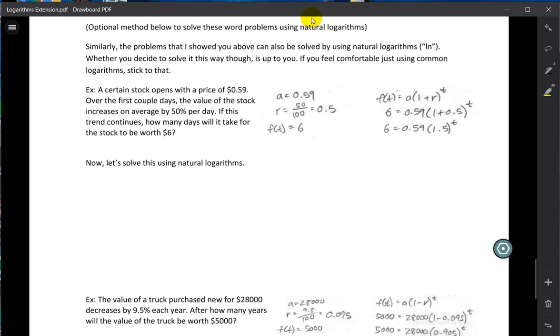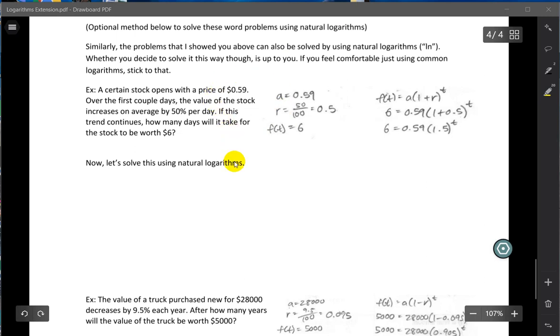Pretty soon I'm going to show you how to do it using natural logarithms. All right, so let's do this. This is the same word problem that I've shown you now for the third time.